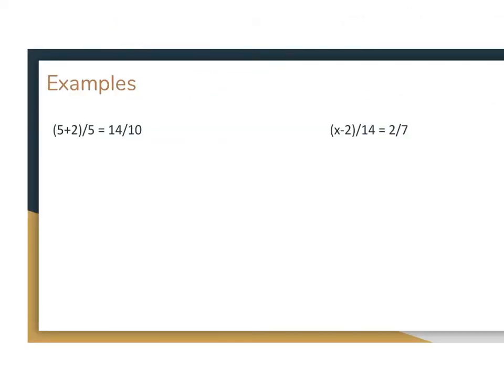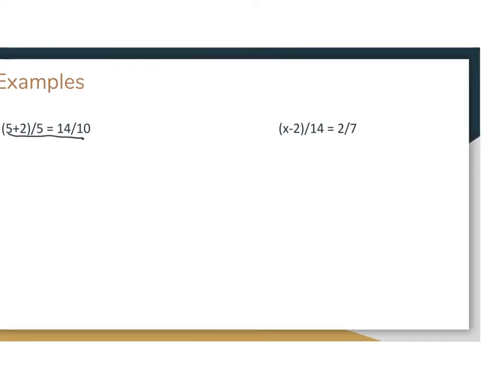Now let's look at an example. I'm going to skip this example, but let's look at this example over here, which says x minus 2 all over 14 is equal to 2 over 7. So now we need to solve for x.